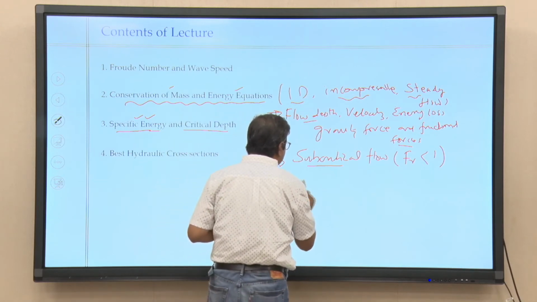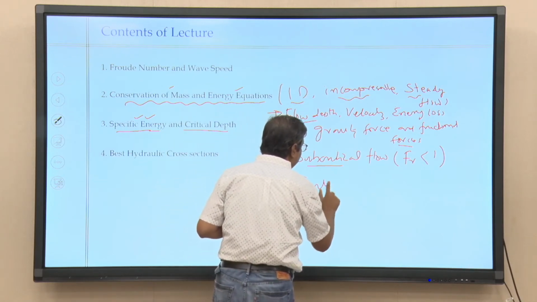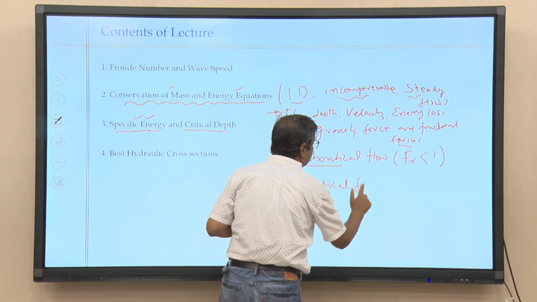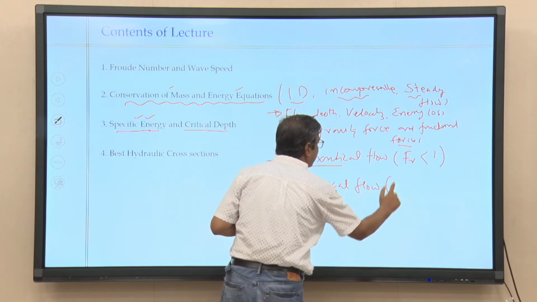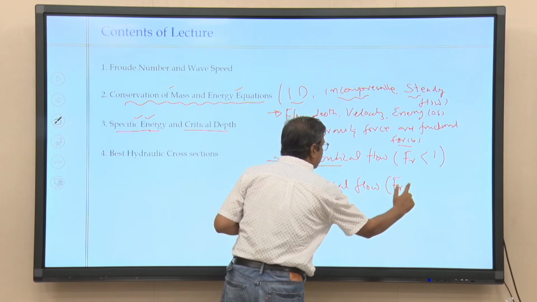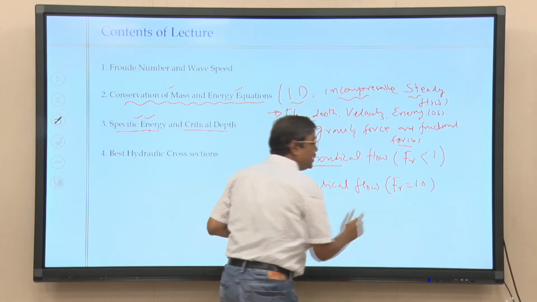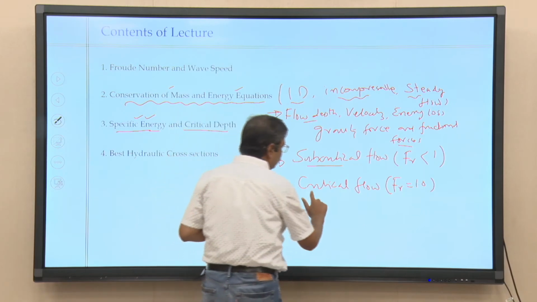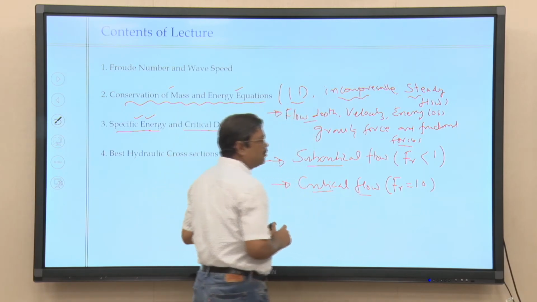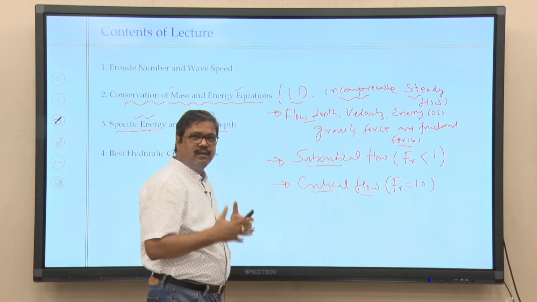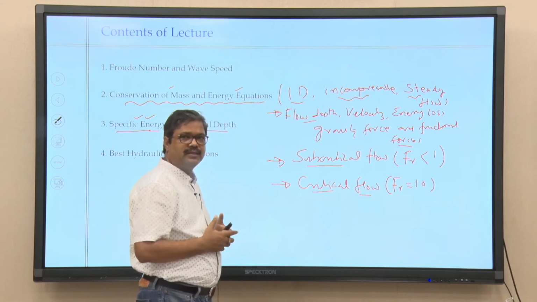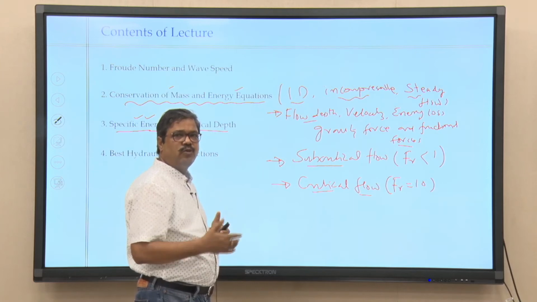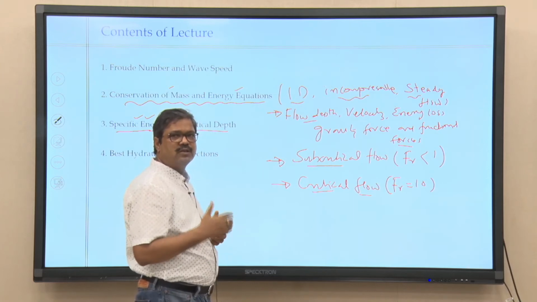Then we have the critical flow, which has a flow Froude number equal to 1. That is the condition when you have critical flow. Physically, if we try to understand it, the velocity of the flow is equal to the speed of the surface wave.